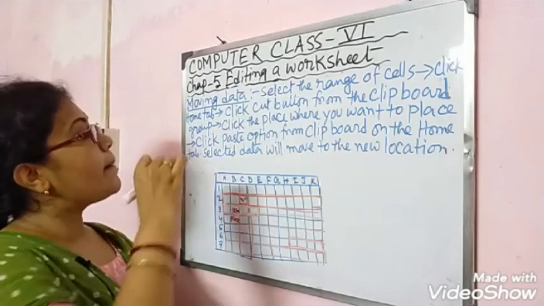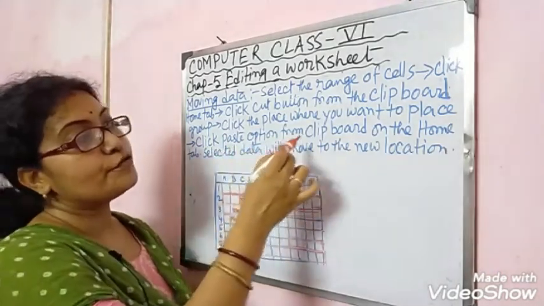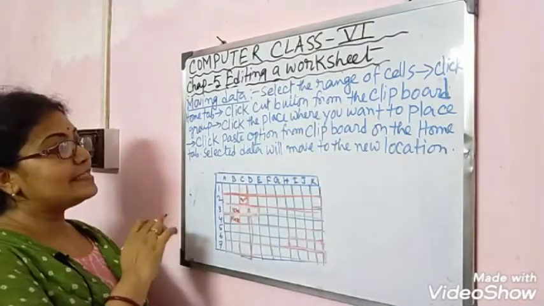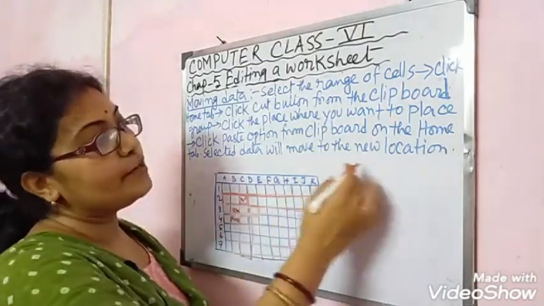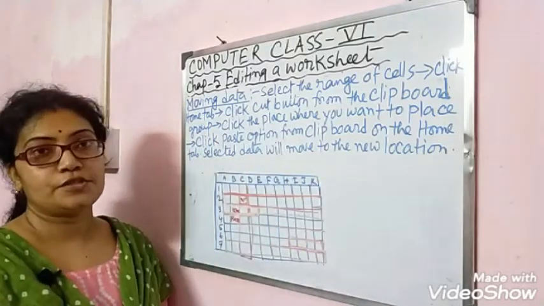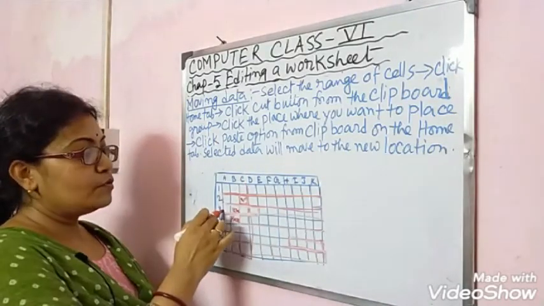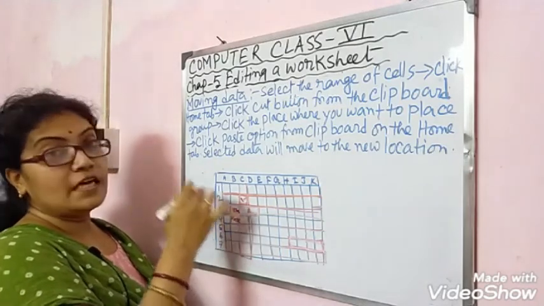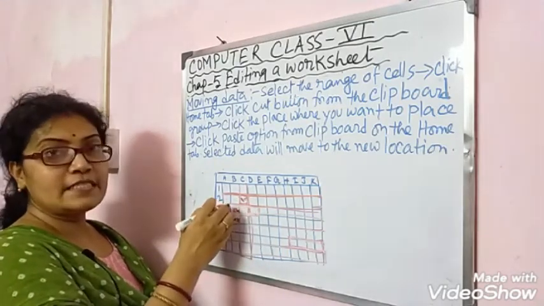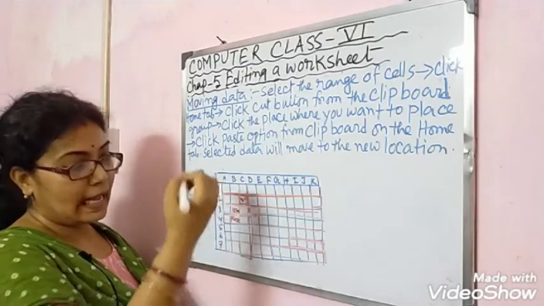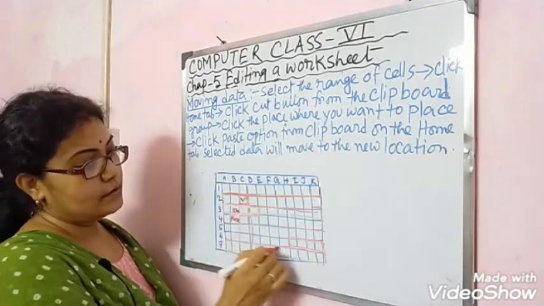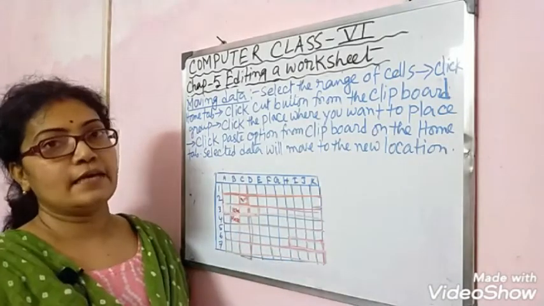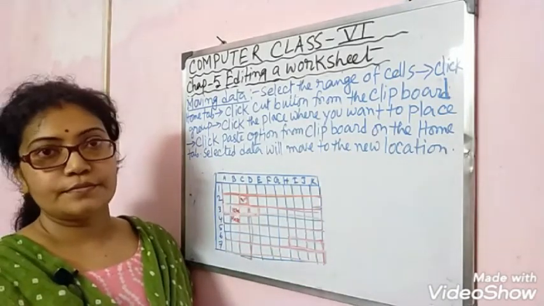Then click the Paste option from Clipboard on the Home tab. You will see the selected data will move to the new location. Whatever you selected from the original place is cut and pasted in the new location. That means moving data. Understood?